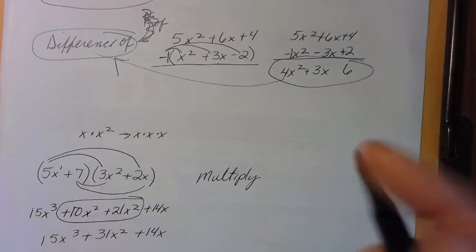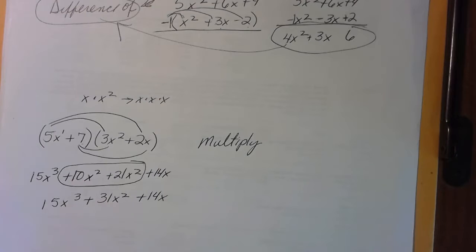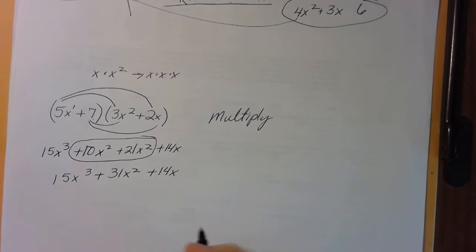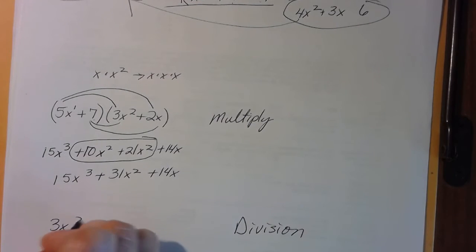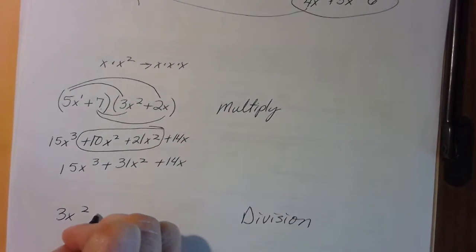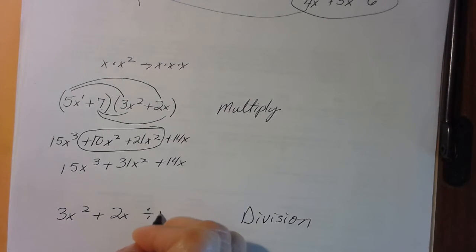So in this little review, we've talked about summing, subtracting and multiplying. It kind of makes sense that you might want to know about division. I would only worry about division when it was something like 3x squared plus 2x and we were dividing by x.